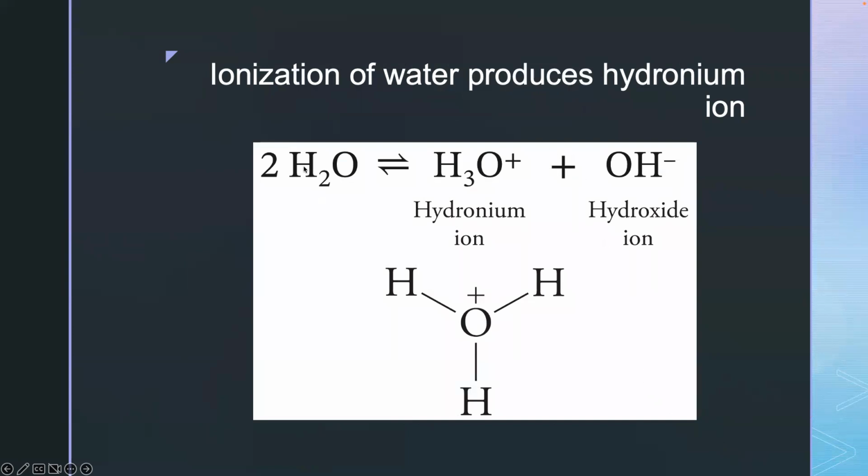For example, if we have two water molecules, then one may dissociate, and the hydrogen doesn't typically exist by itself, so it will associate with another molecule, and that's going to create something called a hydronium ion, and then you will have your hydroxide ion.